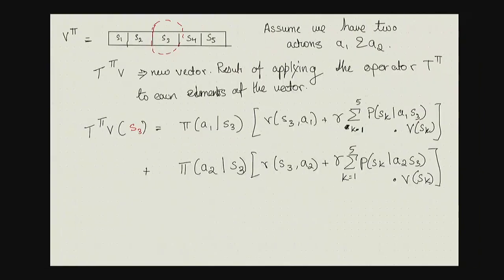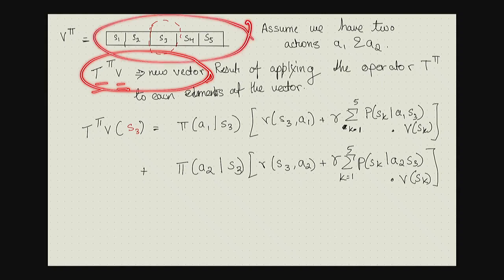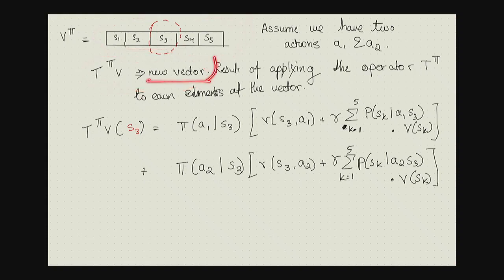So for those of you who just need a quick reminder of what operators on vectors actually do, let's pretend that we started with some v pi and we had 5 different states. So we'll assume that we have 2 actions, A1 and A2. T pi of v is going to be the operator that we apply to this entire vector, the Bellman backup operator. The act of applying the operator to the vector is going to give us a new vector.